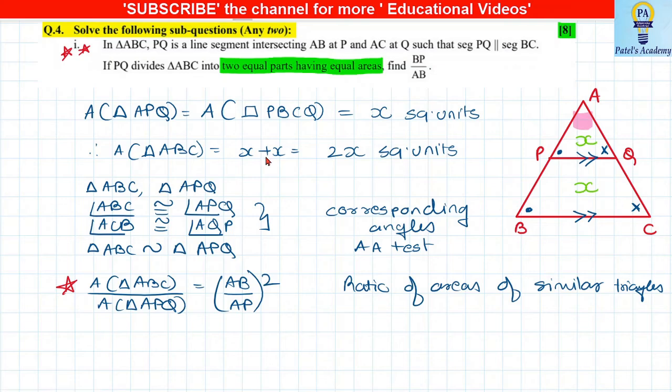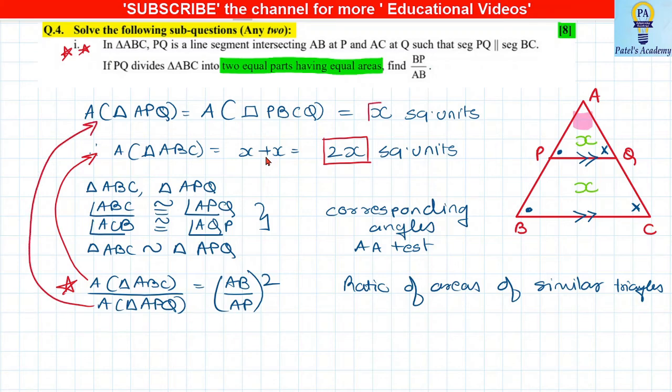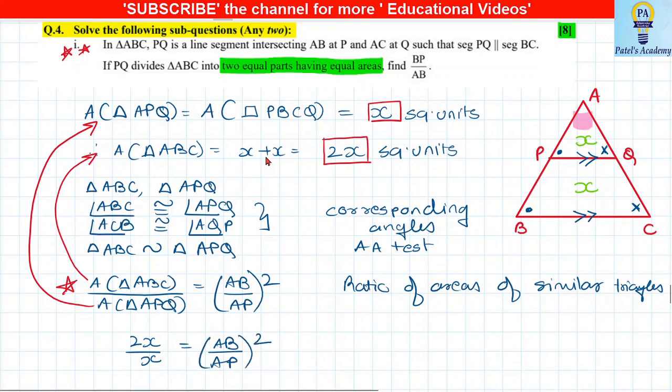Now see what we are doing, students. We have area of triangle ABC over here, we took that as 2x, and area of triangle APQ we took as x. So the next step is 2x upon x, we are just putting the values, that equals (AB upon AP) whole square. Now what I see is x will cancel.